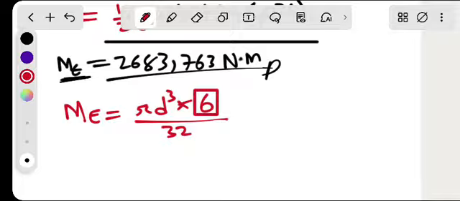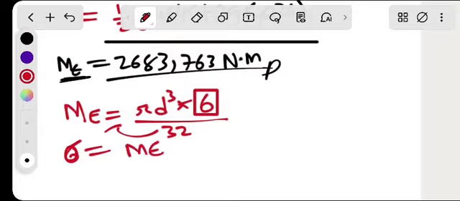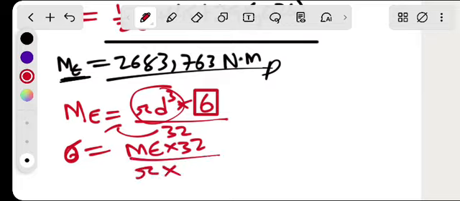So make that stress, our principal stress, the subject. That side will be ME multiplied by 32 divided by this whole thing, then pi multiplied by d cubed. Then we substitute there.